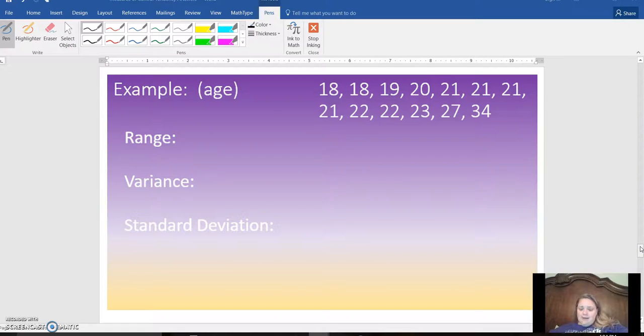Alright, so now I have my data, 18, edit. I'm going to go ahead and type this in list 2. So I went to stat, edit, and then I pushed enter, and then I'm going to just put it in list 2 because I might need this data later. Excuse me. 18, 20, 20.